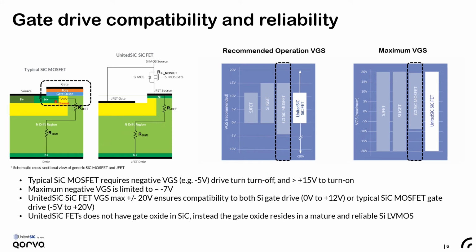Thanks to the cascode structure of silicon carbide FET, we're driving a low-voltage silicon MOSFET which provides compatibility to all popular gate drive voltage levels, and a reliable silicon gate oxide that has been proven by industry over decades. There is no gate oxide in the silicon carbide JFET.